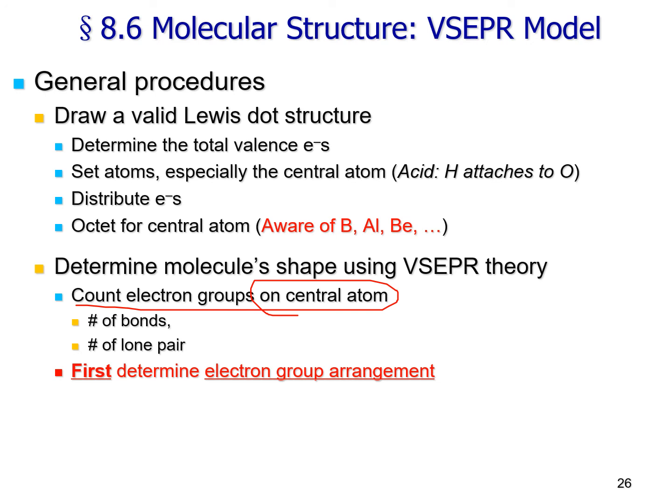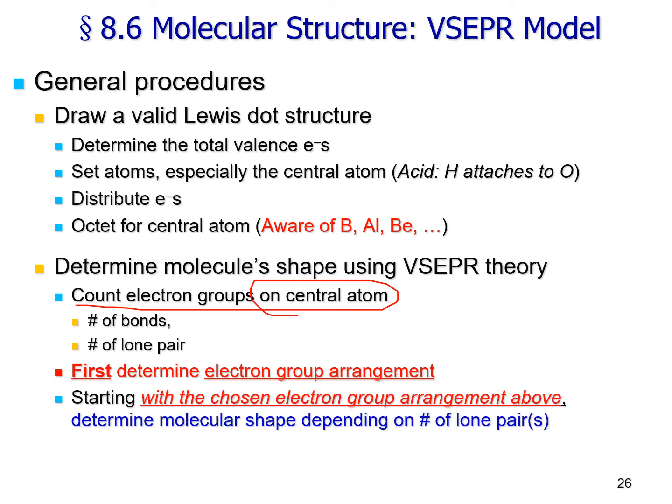So that comes first, before we start thinking about the molecular shape. With the electron group arrangement that we determined, we then determine the molecular shape depending on how many lone pairs we have on the central atom.